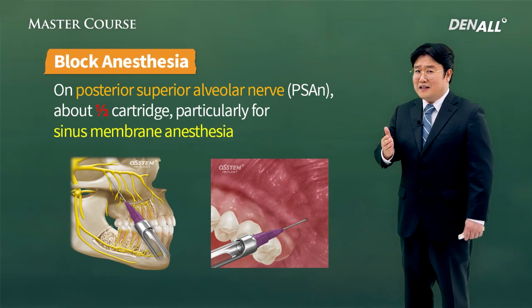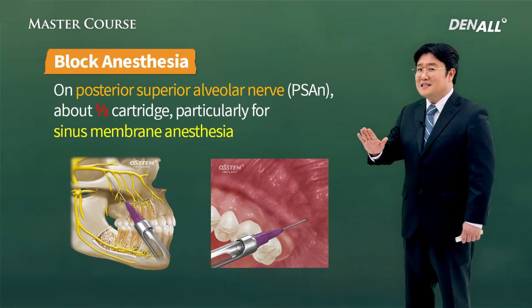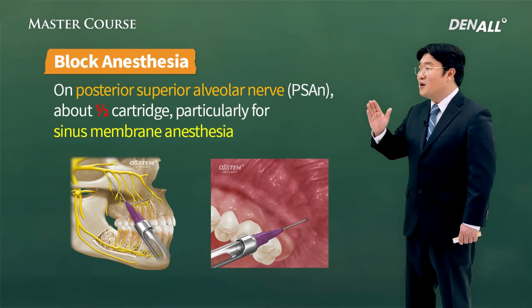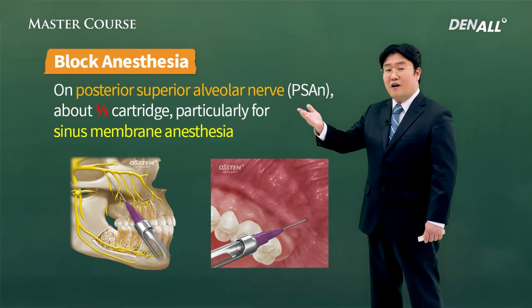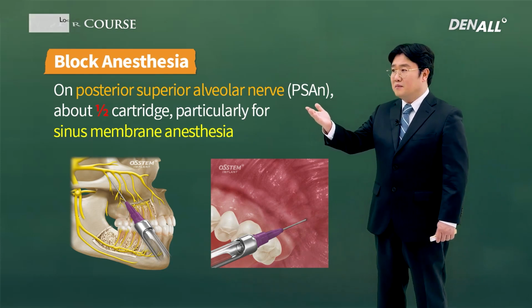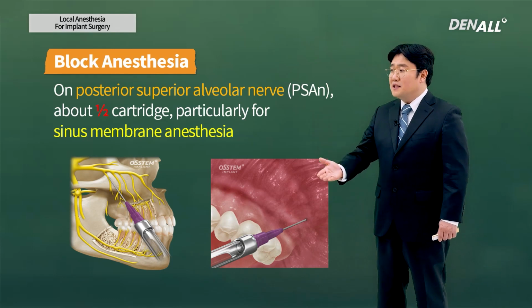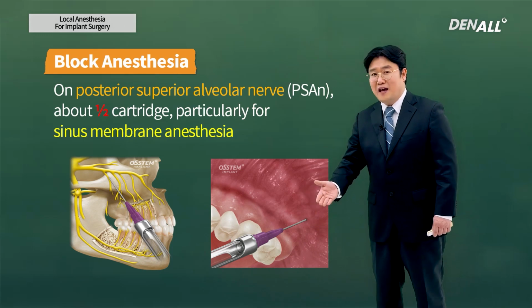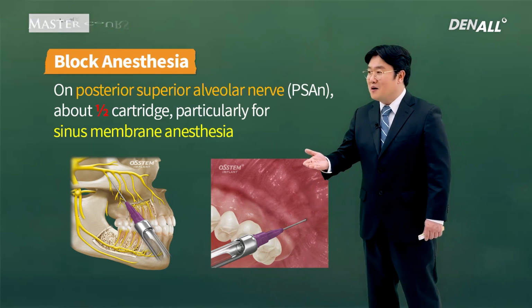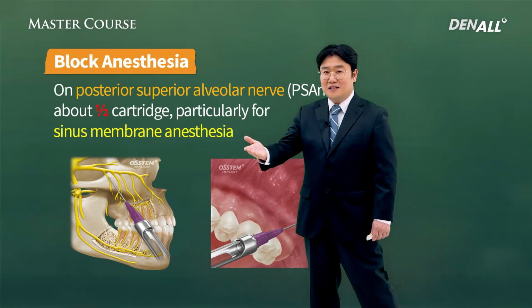When you do implant surgery, the most commonly used block anesthesia is on the posterior superior alveolar nerve. As you can see, over the second or the third molar, on the mucobuccal fold, a needle is deeply injected to apply the anesthetic.